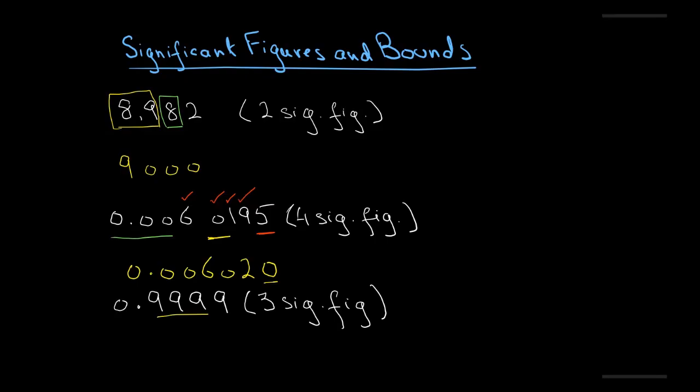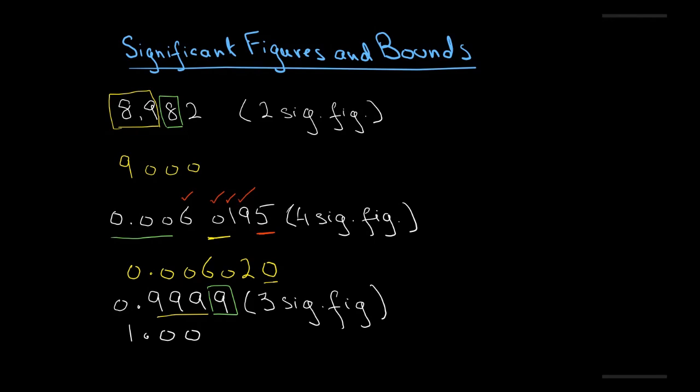So I have to look at the fourth 9, which is right over here. So this 9 is greater than or equal to 5. That means I have to round up. If I'm going to round up, all the 9s will get converted into zeros. So I'm going to get a 1, but the answer is really going to be not 1, but 1.00, and this is true to three significant figures.